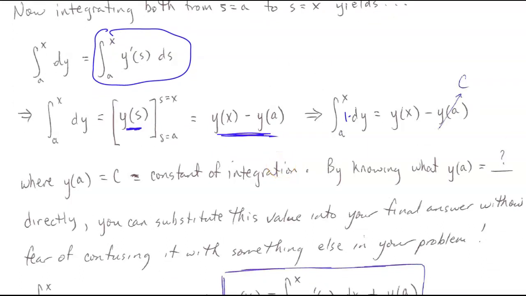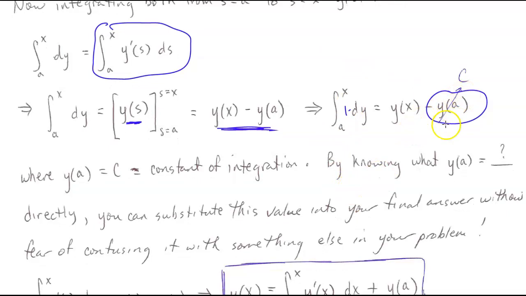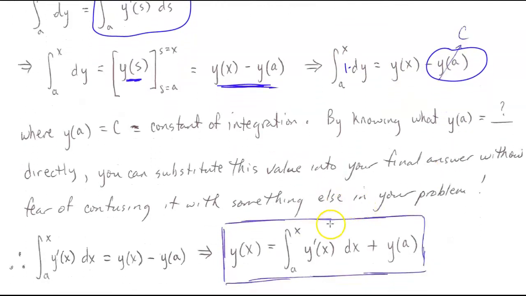So by us knowing specifically what this is, and in initial value problems you'll be given that information, we could substitute that value directly into our equation here. And so in doing that, what we end up with is saying that y of x can be defined as the definite integral of the derivative of y of x, where the integral goes from a to x, plus whatever this constant value is here.